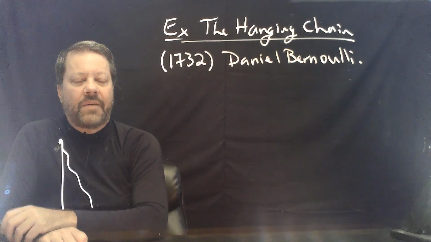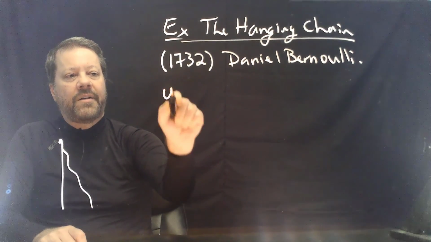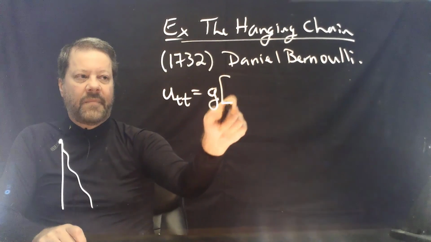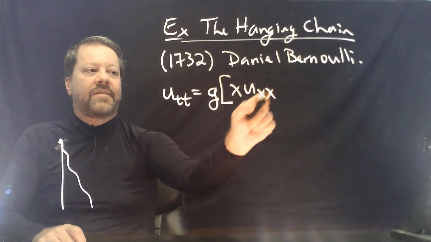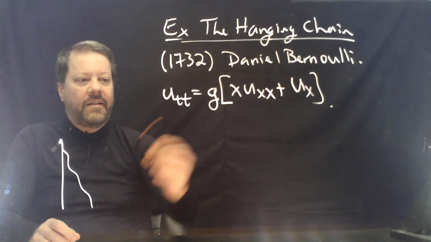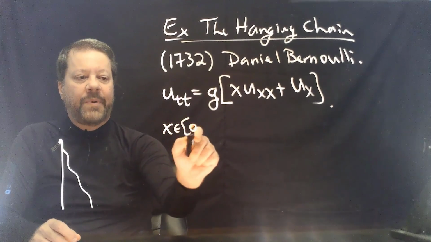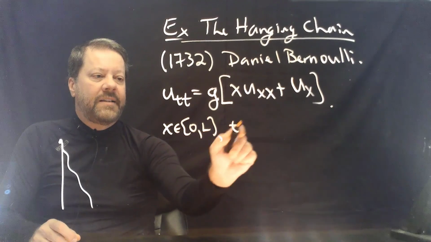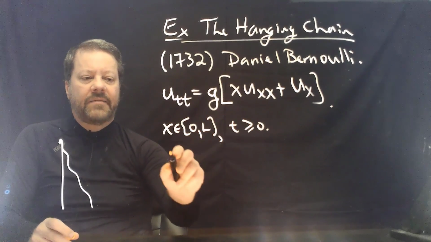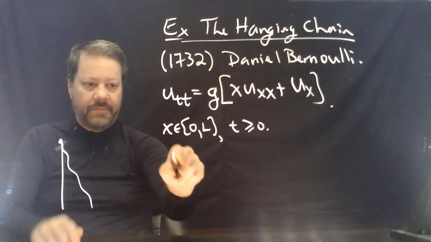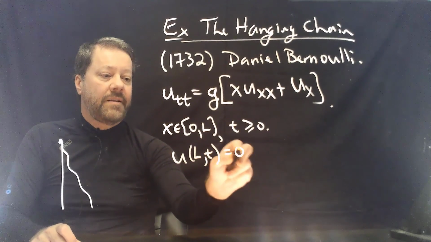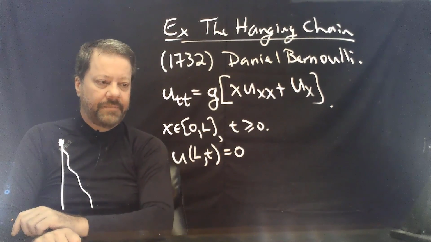And the differential equation in question is going to be u_tt equals the gravitational constant g times x u_xx plus u_x. Here, x will take values between 0 and L, and t will take values greater than or equal to 0. The data will be u at L, t, is 0. It's going to be fixed here.